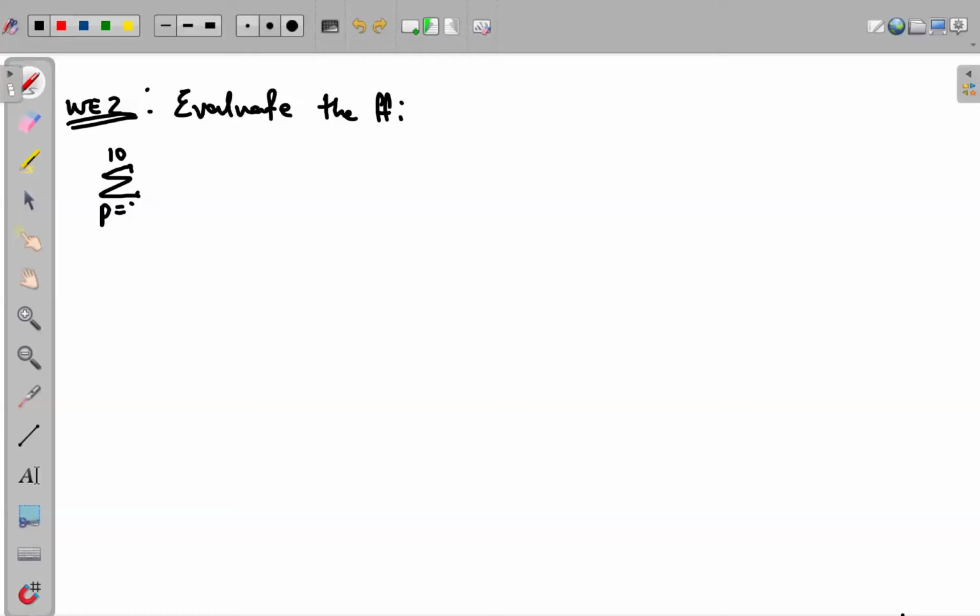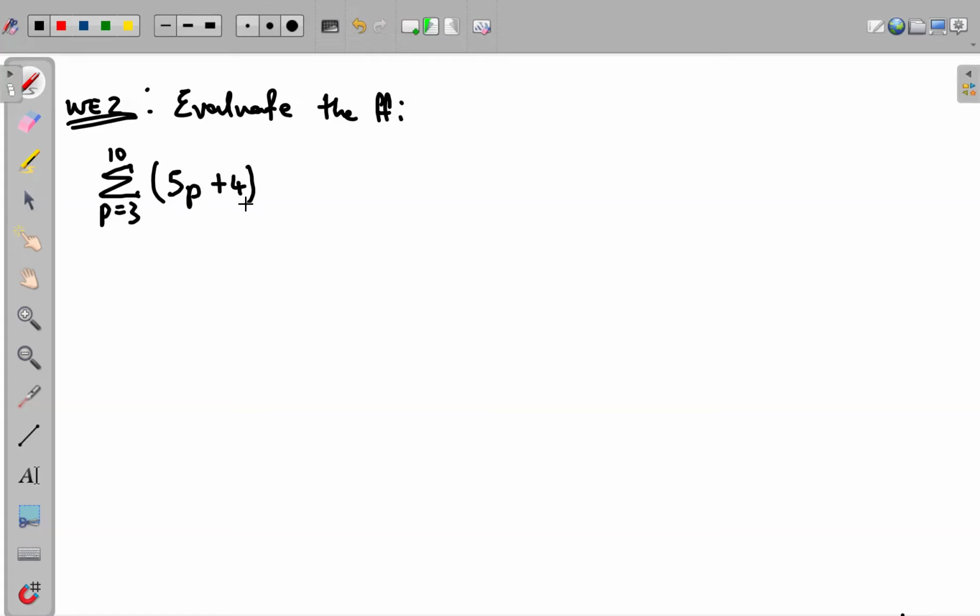P is equal to 3, and I have, let's maybe use a 5, 5P plus 4. So I'm looking for the sum of an expression 5P plus 4, where P starts at 3 and ends at 10.